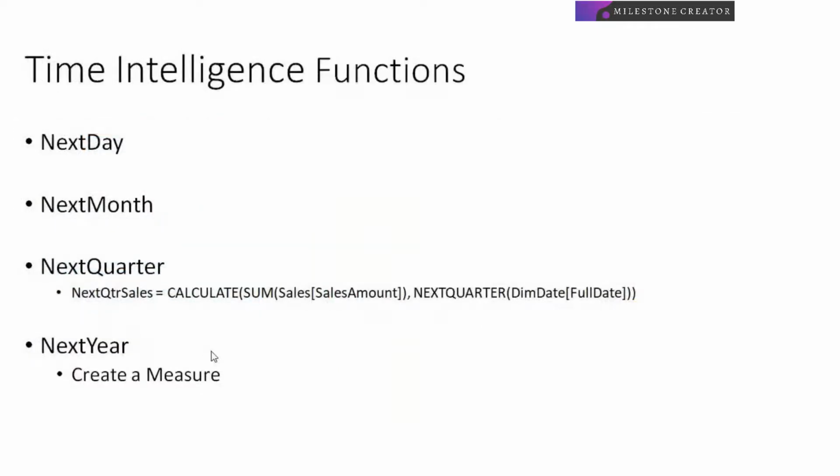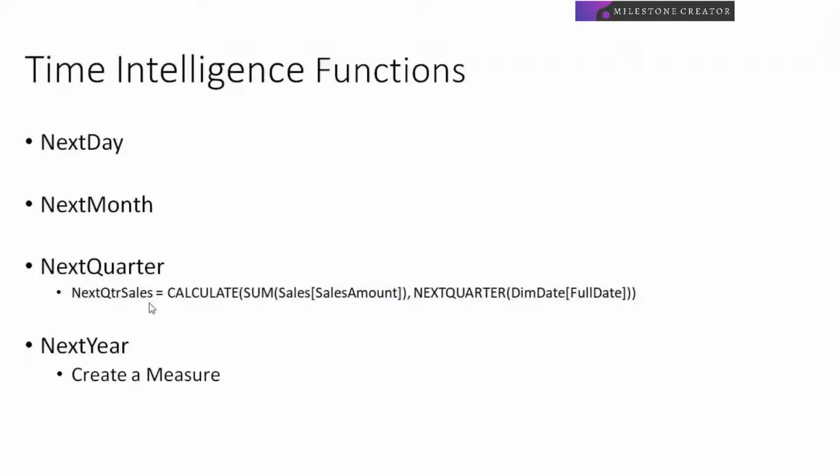Now, the next functions we have are next day, next month, next quarter, something like that. Many times people ask what is the sales that happened now and in the next month or next day. So we have functions called next quarter, next year, next month, next day.